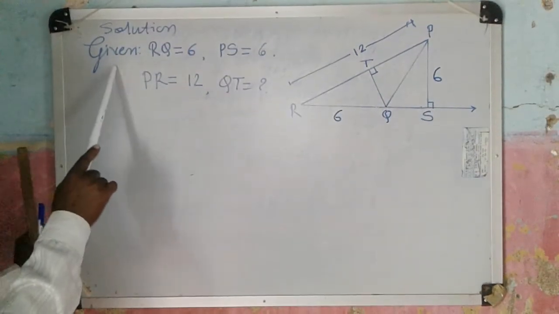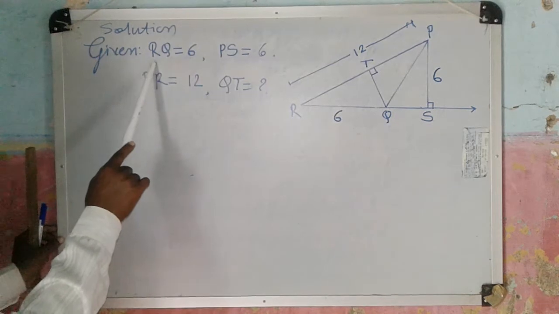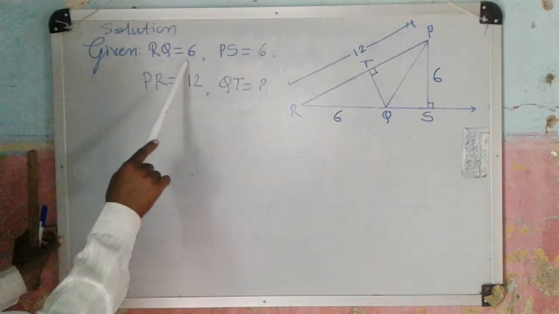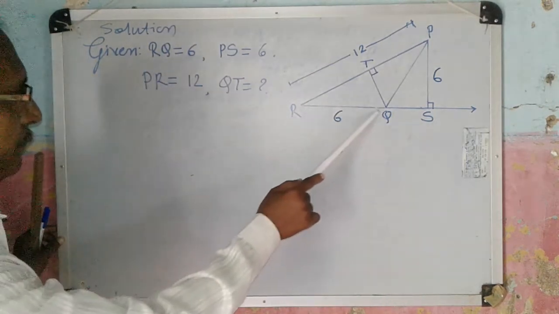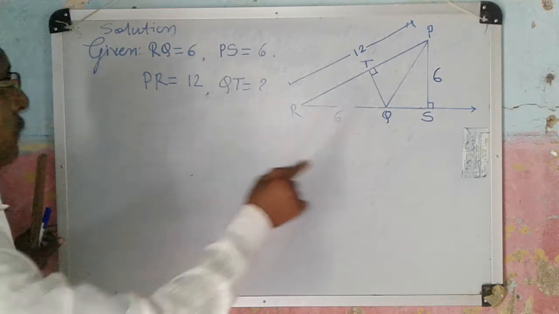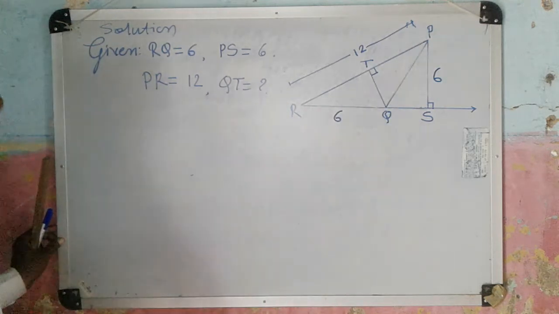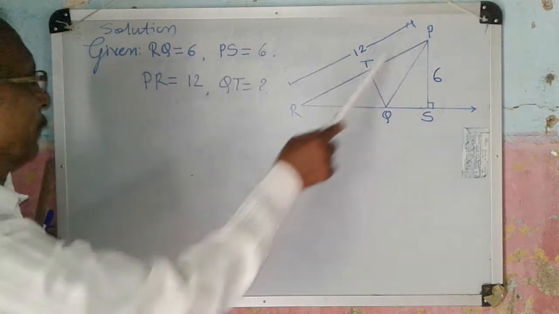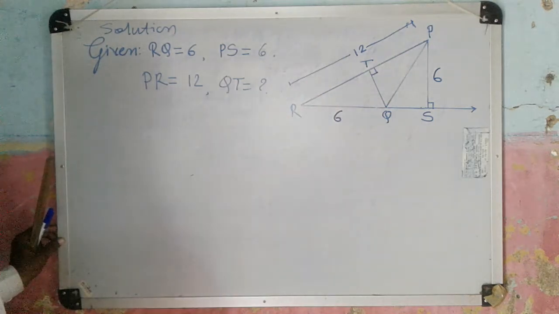Now solution. Now here given things are QR is equal to 6, PS is equal to 6, and this total length PR is 12. Now we have to find the length of QT.